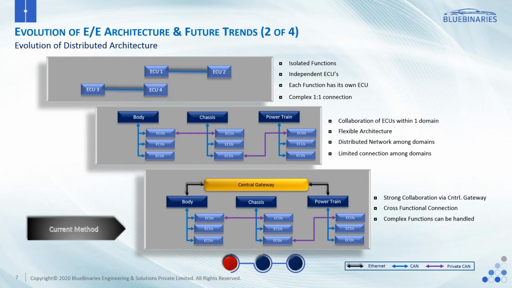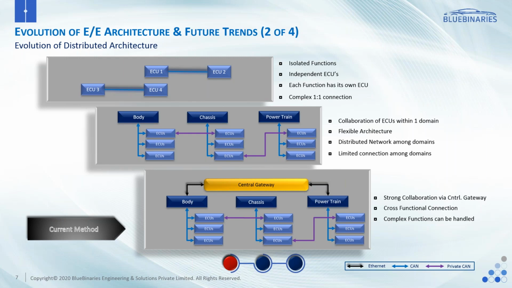Then slowly we started adopting a process where you have a centralized gateway which acts as a master of all these ECUs, and thereby establishes communication between domains. So one domain can talk to another domain via these central gateways.